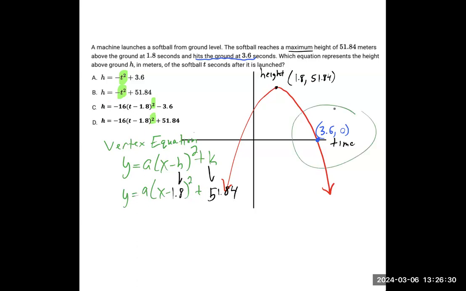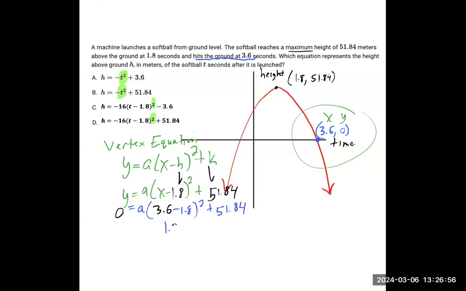Now we can take this information and plug it into that as the x and the y, so we can solve for a after we get that. So if the x is 3.6, the y is 0, we've got a(3.6 minus 1.8) squared plus 51.84.